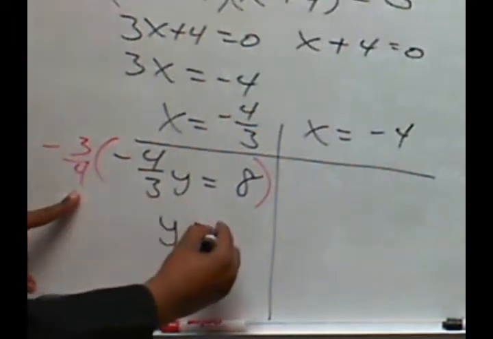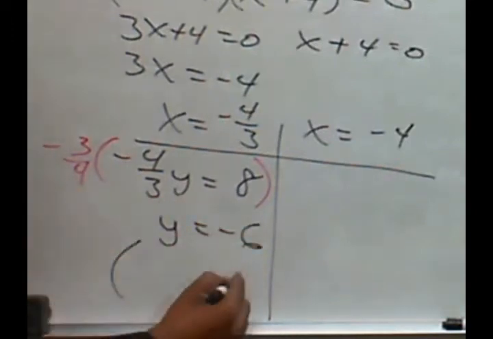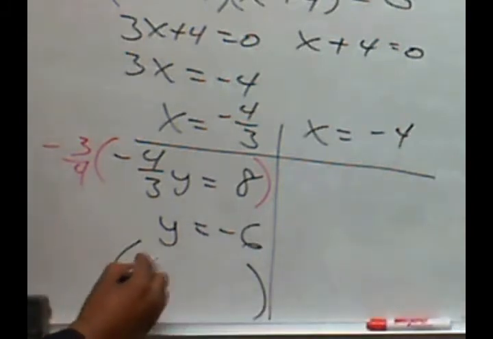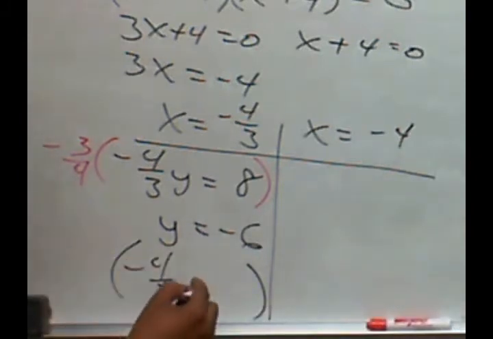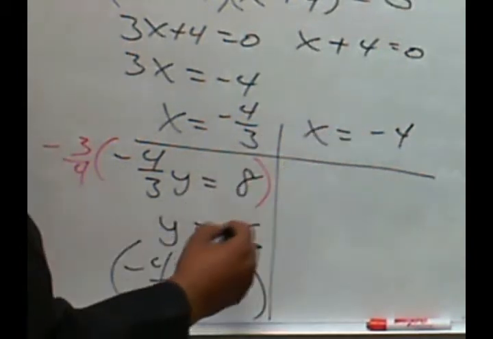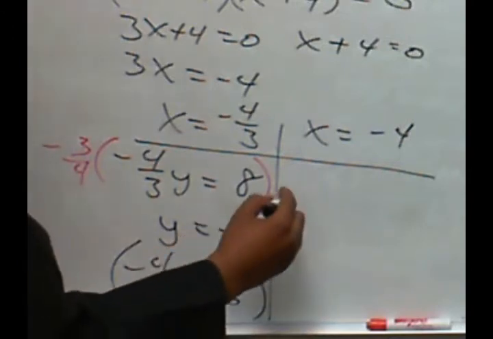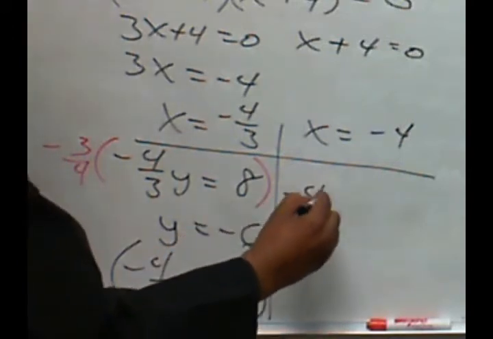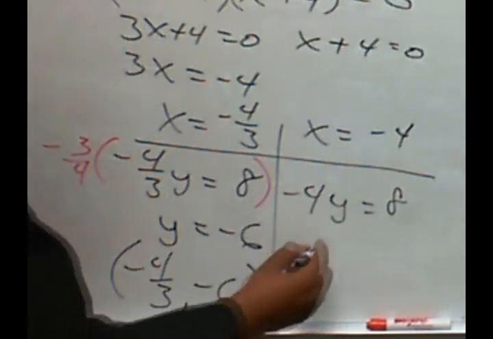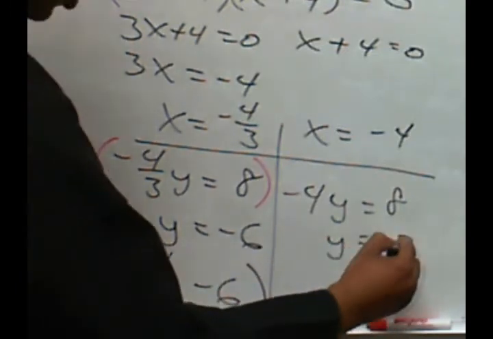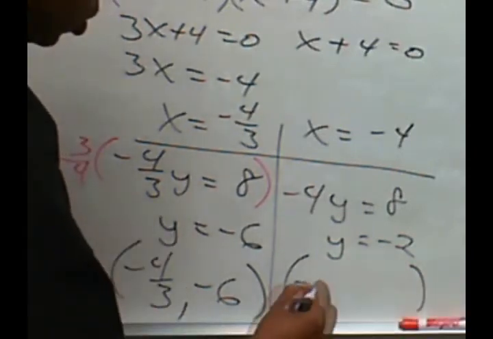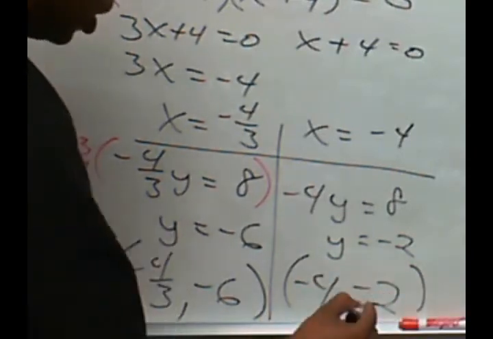And a negative gives us negative 6. So the point here would be x is negative 4/3, y is negative 6. Now, x being negative 4, if I replace it, gives me negative 4y equals 8. Then divide both sides by negative 4. This implies y equals negative 2. So my second solution will be x is negative 4, y is negative 2.